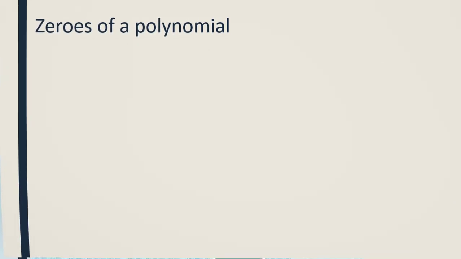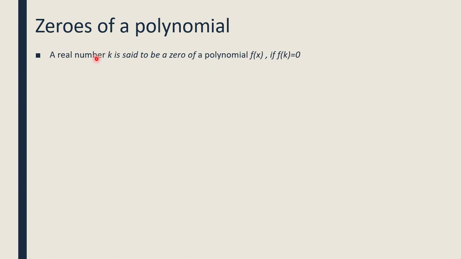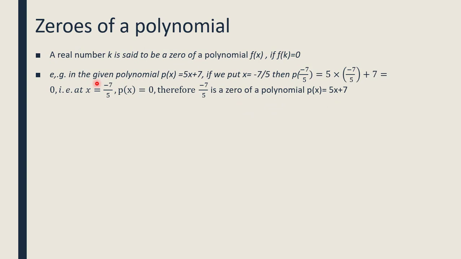Next, zeros of a polynomial. A real number k is said to be a zero of a polynomial f(x) if f(k) = 0. For example, in the given polynomial p(x) = 5x + 7, if we put x = -7/5, then p(-7/5) = 5 × (-7/5) + 7 = 0. At x = -7/5, p(x) = 0.